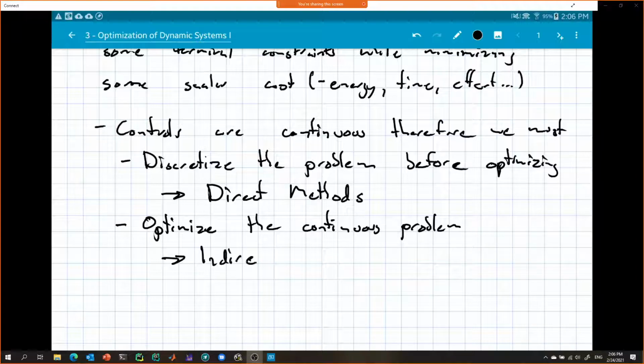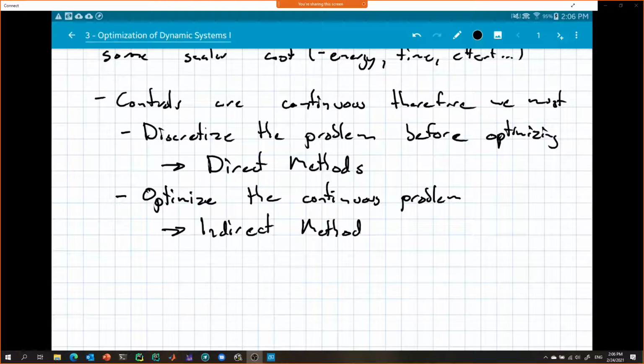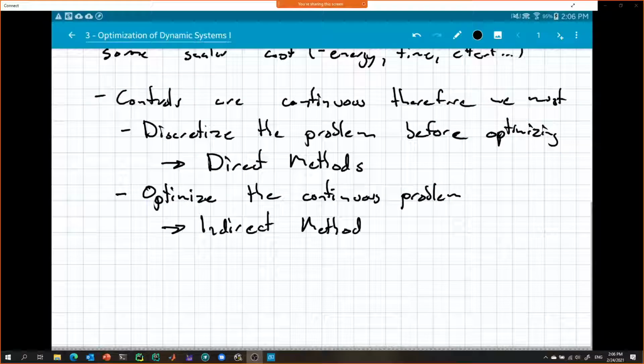And it might seem counterintuitive, like the second seems more direct than the first, but direct refers to when you implement it in a numerical computer. Direct manipulates the controls directly. Indirect, as we'll see, hopefully by the end of this lecture, the controls are specified indirectly through necessary conditions.